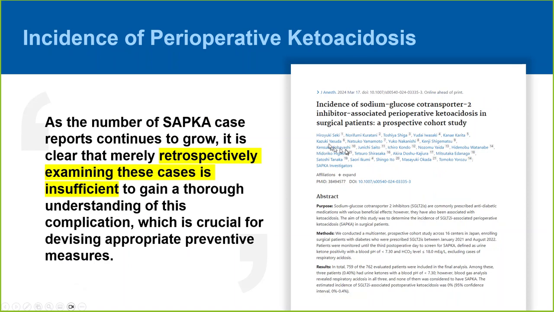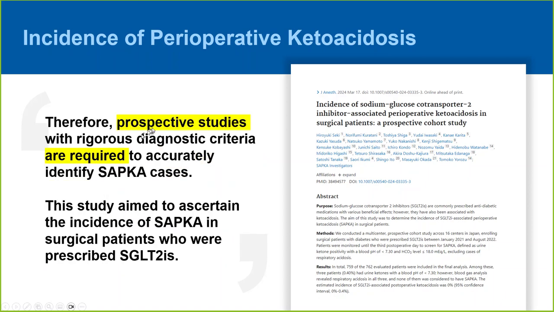But this same Dr. Seki, a year later, said that as the number of SGLT2 inhibitor associated perioperative ketoacidosis reports continue to grow, it's clear that retrospective examination is insufficient and that prospective studies are required to accurately identify these cases.